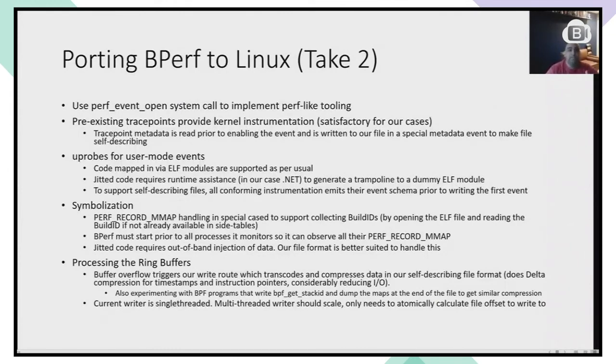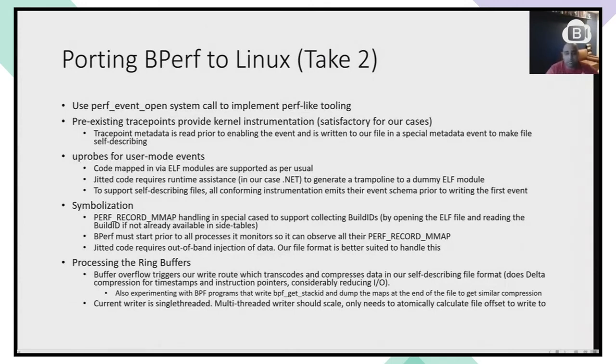So we actually have to conjure up an ELF file, and that ELF file generates a trampoline. That trampoline is what gets uprobed, and then that information is put into our instrumentation in our self-describing format.